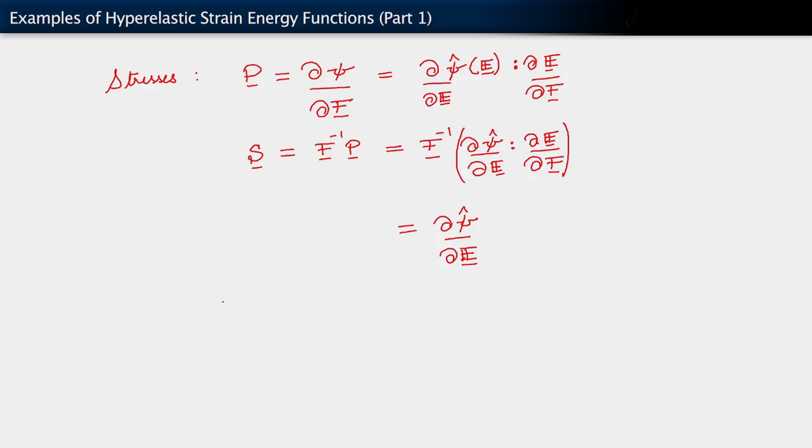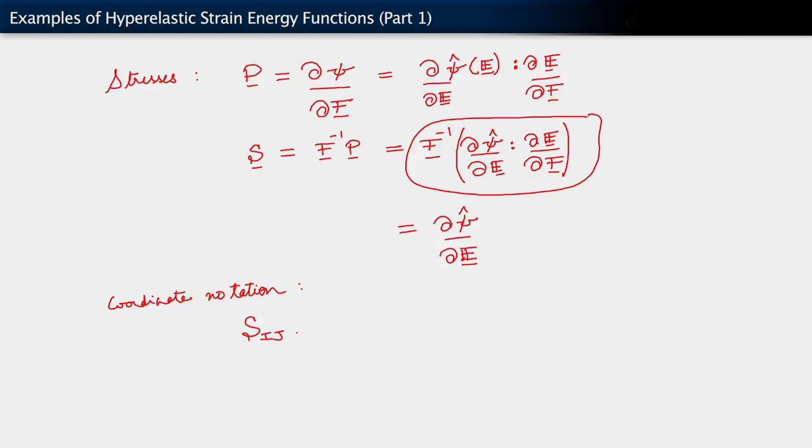Right? So, in coordinate notation, what we will see is that we have S_ij equals F inverse. Let me leave this with indices capital I, little i, and here I need to have indices.